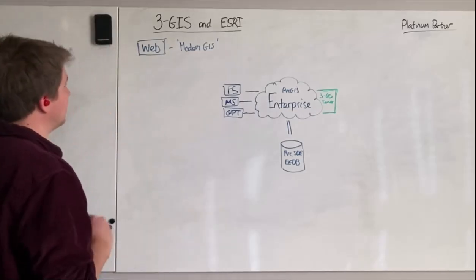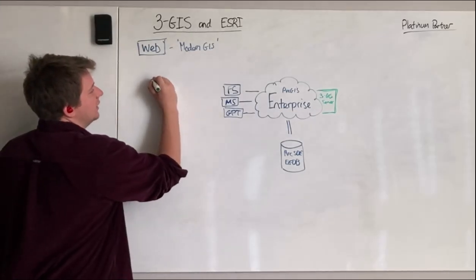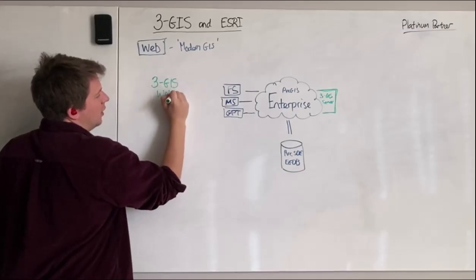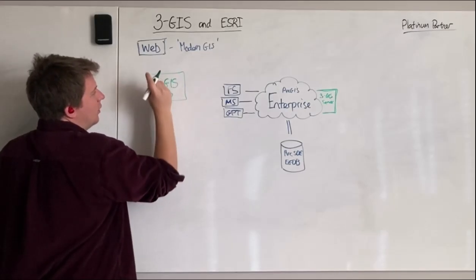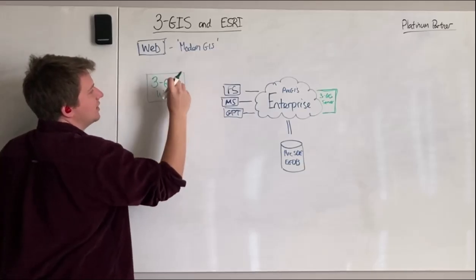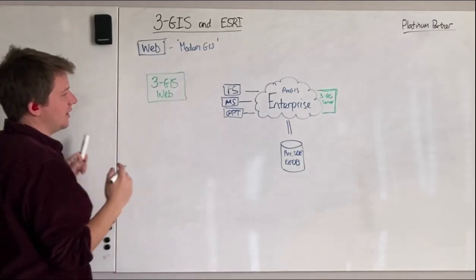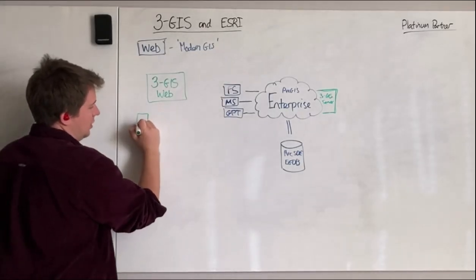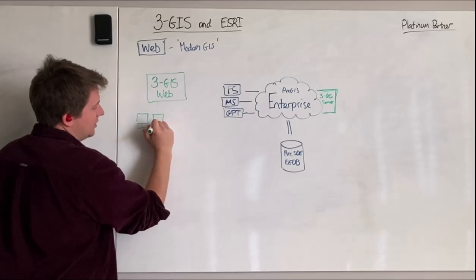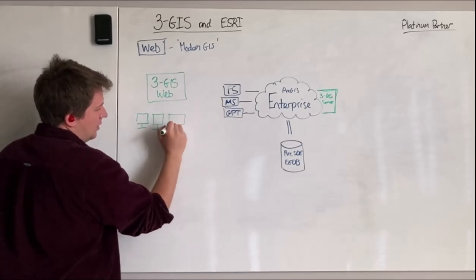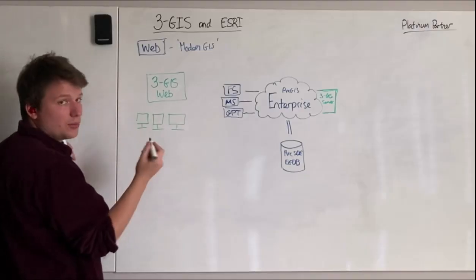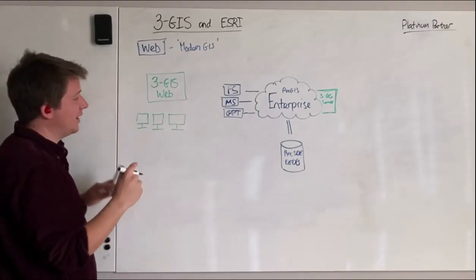What we then have, I'm just going to draw it over here, is GIS web, which the end users access through a browser. I'm going to draw little computers here, but this is a cloud solution. These are not desktops, but you're on your desktop, logging in through a browser.